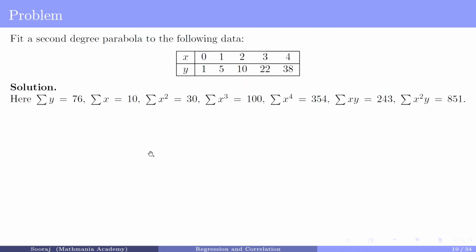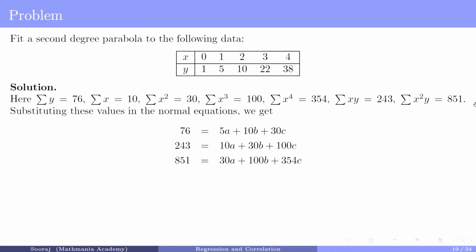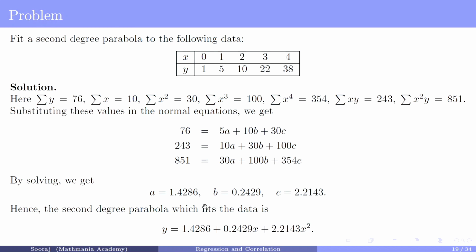All these quantities have to be calculated. Once we have calculated them, just substitute them in the normal equations and solve the system of equations, and you will end up with the values of a, b and c. Now we just substitute these values into the general parabola equation, and we get the best fit parabola for the given data.